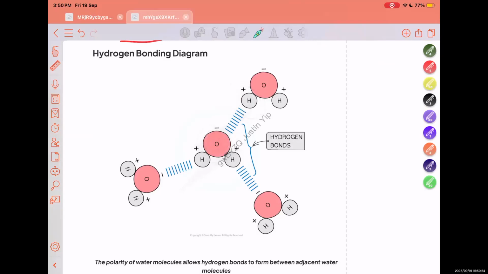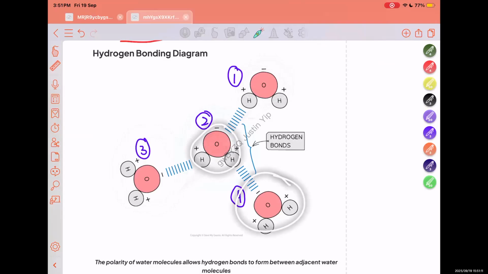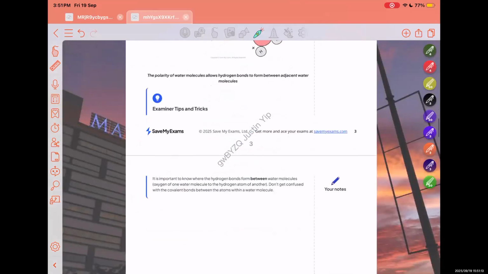So you see, next to next, I have 4 molecules: 1, 2, 3, 4. For example, a hydrogen bond is formed between 1 and 2, or between 2 and 3, or between 2 and 4. So this is your hydrogen bond.